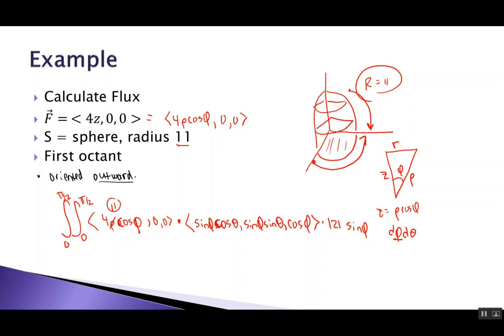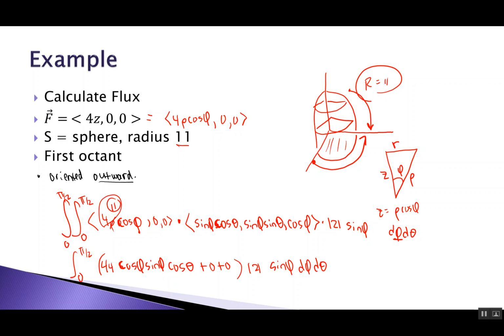Okie dokie. So I've got a 44 here. So I'm going to have 44 cosine phi, sine phi, cosine theta, plus 0 plus 0, times 121 sine phi d phi d theta.